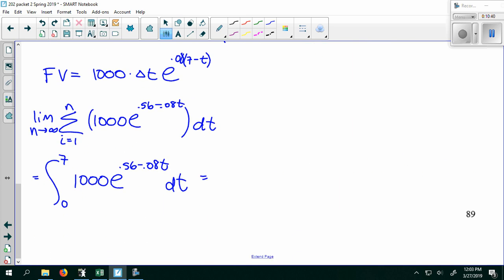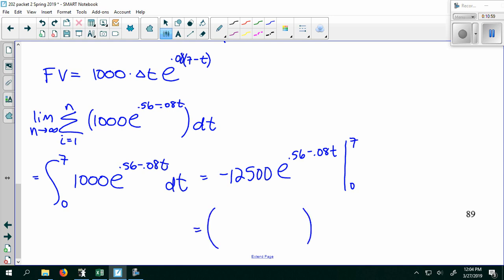Okay, so this is negative 12,500 e to the 0.56 minus 0.08 t. I don't need the plus c when I'm doing a definite integral. I'm just going to evaluate this from 0 to 7.